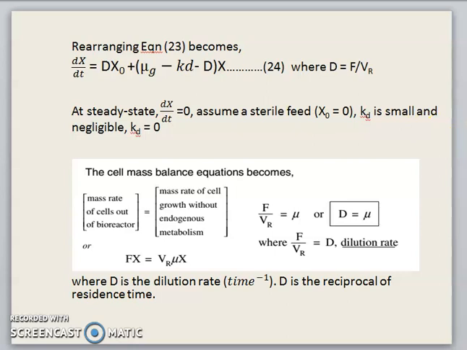Then the cell mass balance equation becomes: mass rate of cells out of the bioreactor equals mass rate of cell growth without endogenous metabolism. Then at steady state, D will be equivalent to μ, where D is the dilution rate, and D is the reciprocal of residence time.